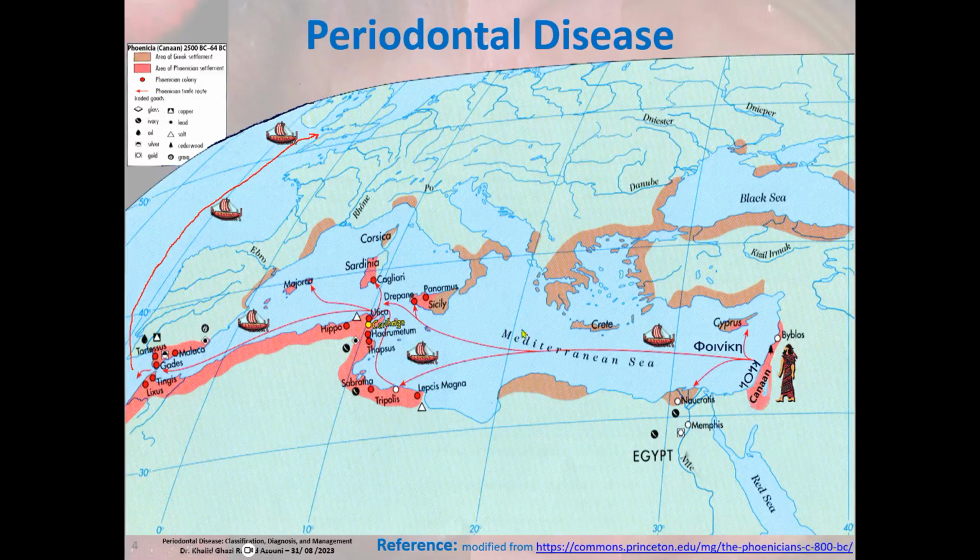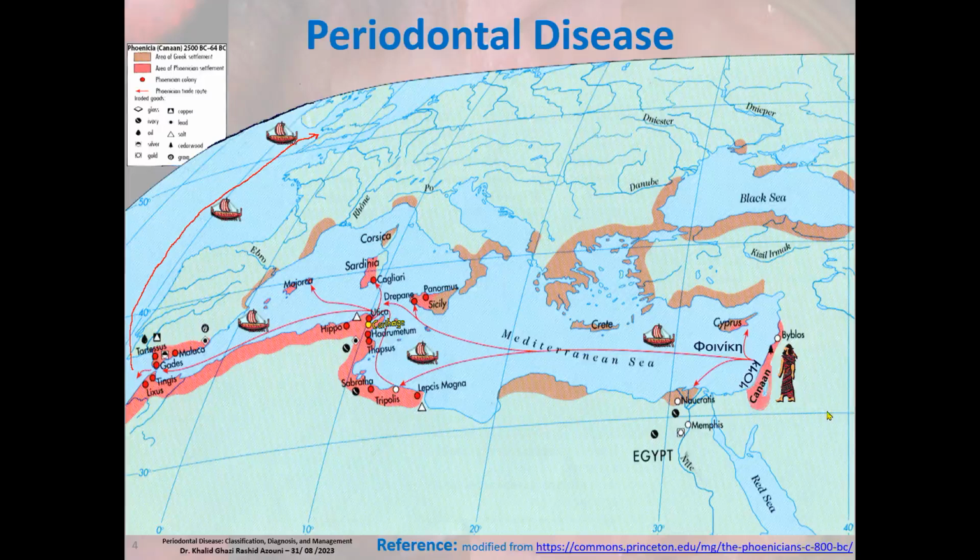Now, these Phoenicians spread culture and commerce through the old world, and they developed the first maritime empire that rivaled the Greeks and later the Romans. They were credited with the invention of the alphabet, and all our modern alphabets trace their descent to the original alphabet developed by the Phoenicians.